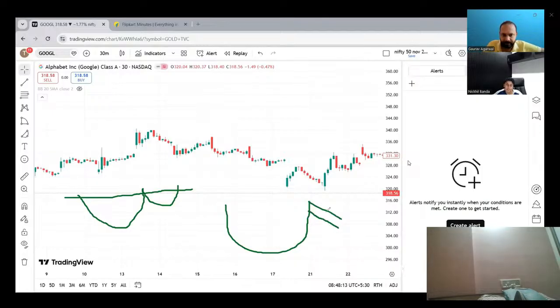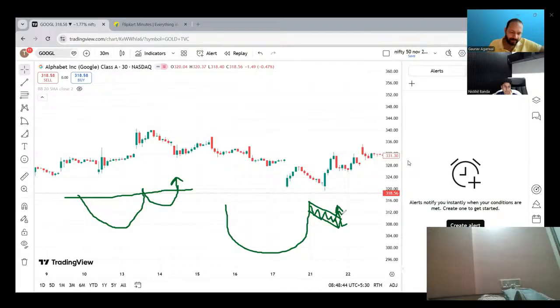In this scenario we have to wait for a breakout here, and in this scenario a breakout here, like trend lines. Multiple candles may form like this. Whenever a candle gives a breakout of this trend line, at that time we can take the trade. Does it always break out up, or sometimes down also?